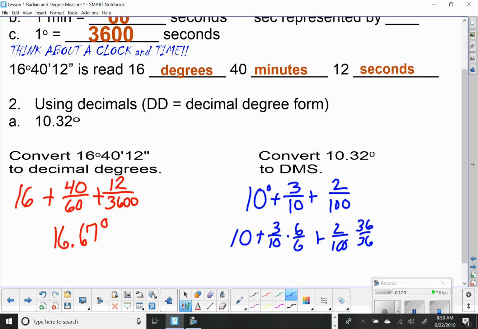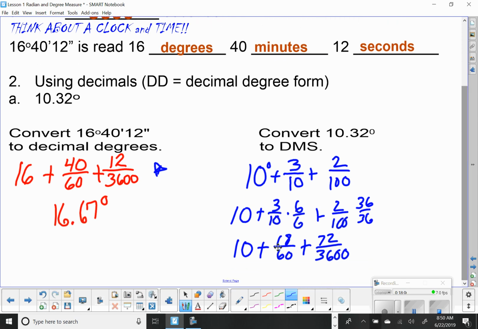All I did was I multiplied each one of my fractions by a form of 1. I want to make it look like this guy so that I can get my minutes and my seconds. Now I have 10 plus 18/60 plus 72/3,600. Not bad, right? You're just going back and forth.